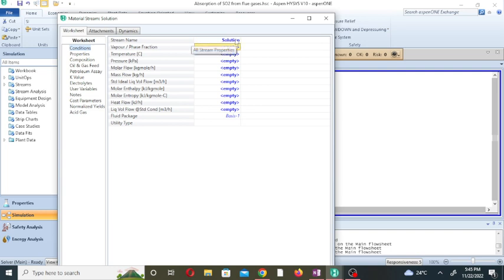The temperature of the solution is 23 degrees centigrade. The vapor fraction here is 0, because this is only liquid. So the temperature is 23 degrees centigrade, and the pressure of the solution coming to the absorption column is 1.2 bar.